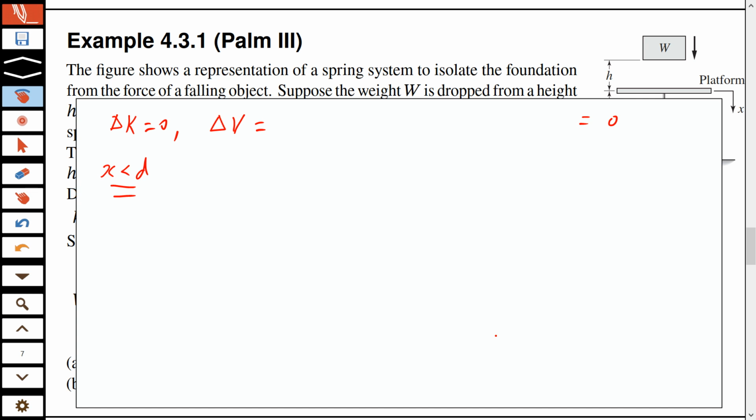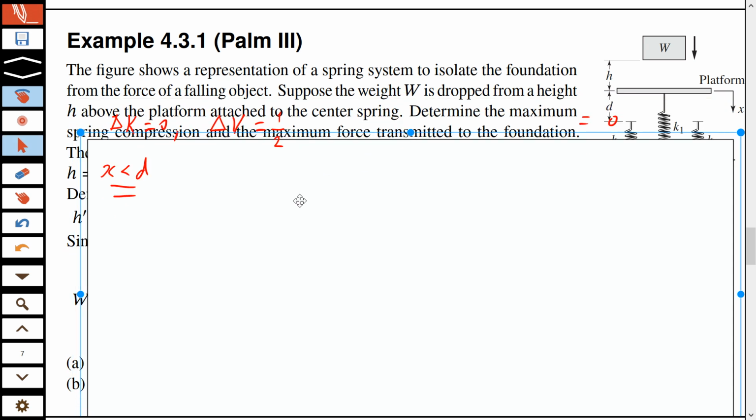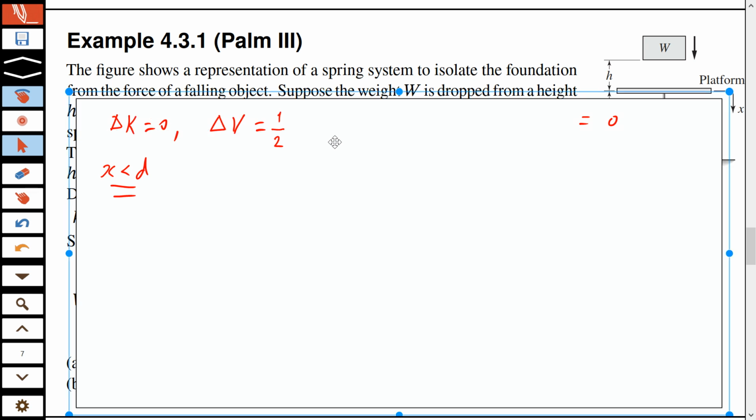Now, it is half, so it will be half k1. Normally you would say x squared, okay?